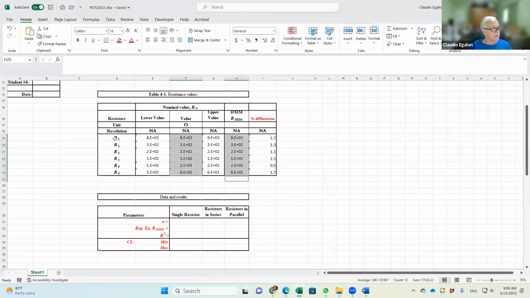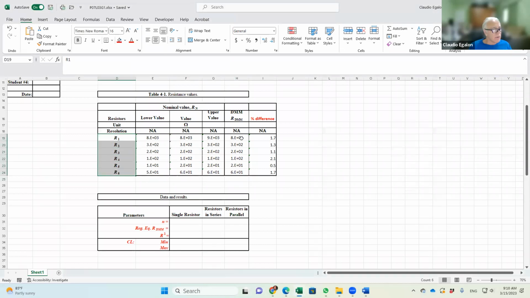And by the way, there are 2 ways of measuring the resistance of a resistor. Either by using the DMM or by using a color code that is imprinted on the resistor. I'm going to show you that. I'm going to share the screen. Here you go. 6 resistors, right?